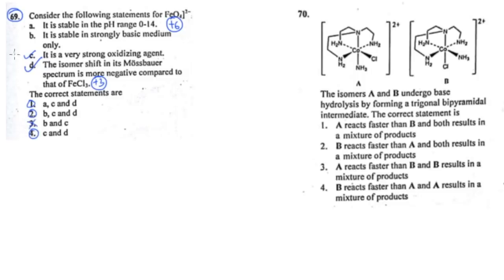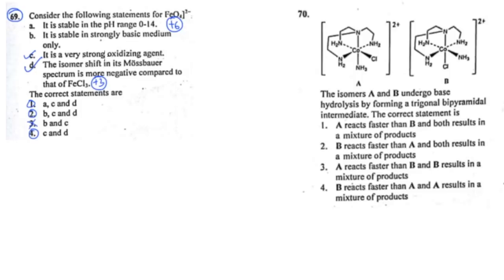Now let's talk about A and B. So where will it be more stable? Since it's a good oxidizing agent, it will be more stable in the basic medium. Why? Because if you keep it in acidic medium, acids are themselves electron acceptors, right? So they will accept electrons, but it does not want to give electrons. It is already electron deficient, so it will gain electrons.